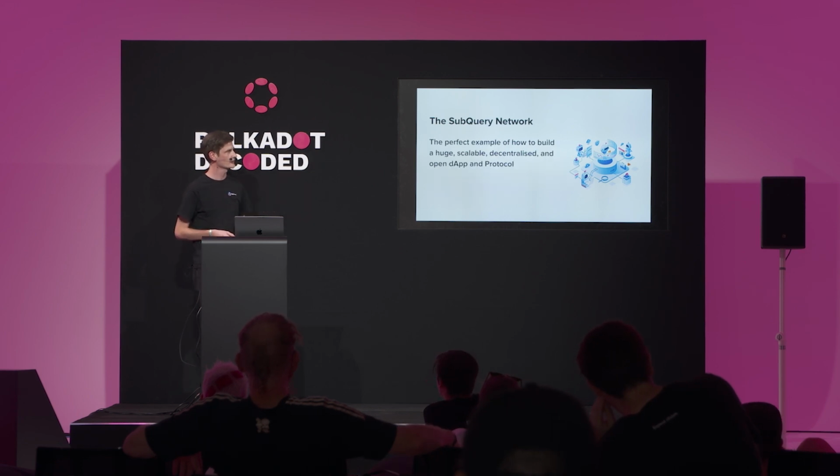So it's a perfect example of how you can take that really simple demo I showed you, really basic, and you can just scale that up, and you can build huge, scalable, decentralized applications that can support thousands of transactions, hundreds of millions of users, and you can build them in an open way, and soon in a completely decentralized way.